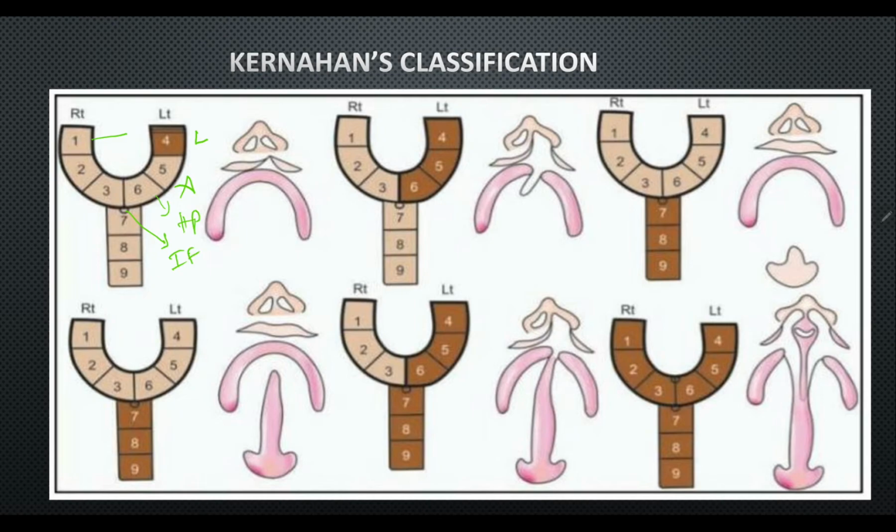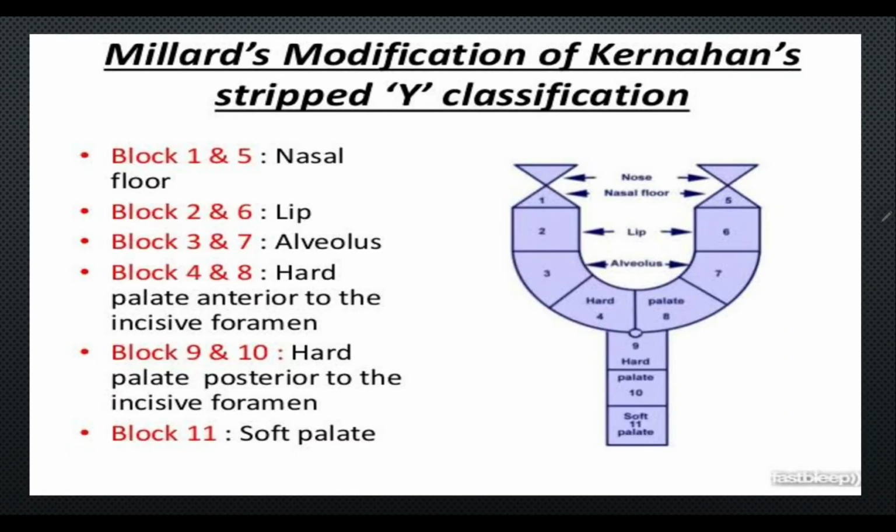After this incisive foramen we also have 7, which is hard palate, and 8 and 9 are palate, of which 8 is hard palate, but 9 alone is soft palate. Based on this configuration, they classify the types of cleft palate and cleft lip.